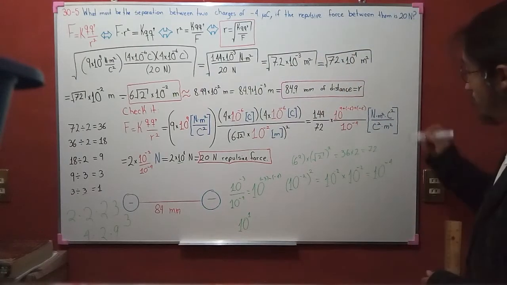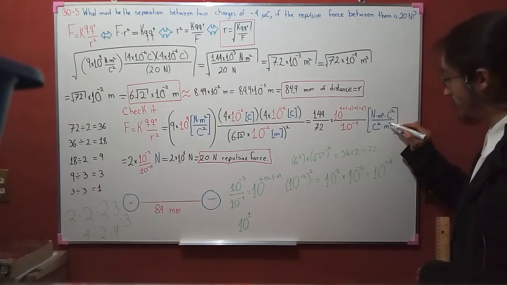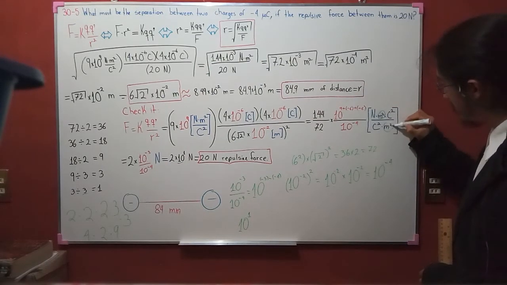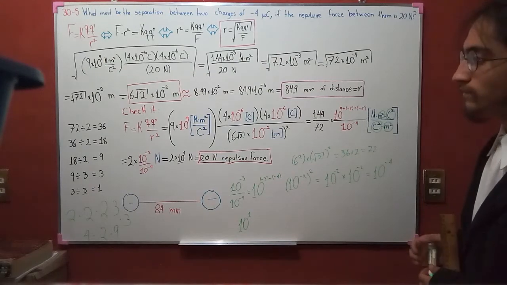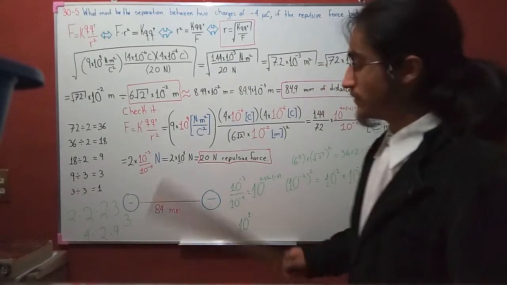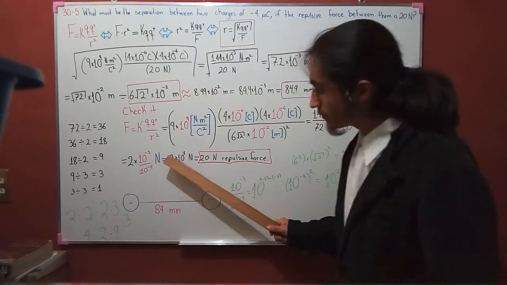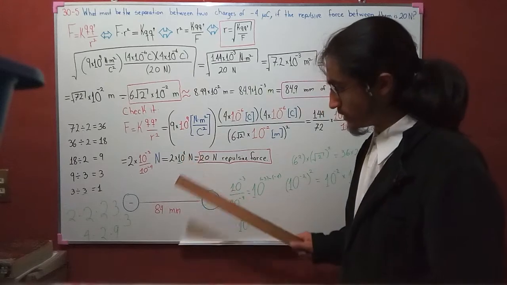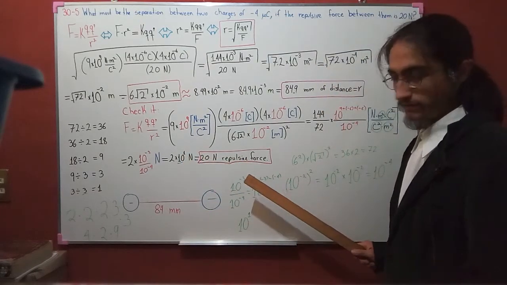Now, Newton meter squared Coulomb squared divided by Coulomb squared meter squared, these units are equal to 1. So, the next unit is Newton, equal to 2 times 10 raised to the power of 1 Newton, equal to 20 Newton of repulsive force.